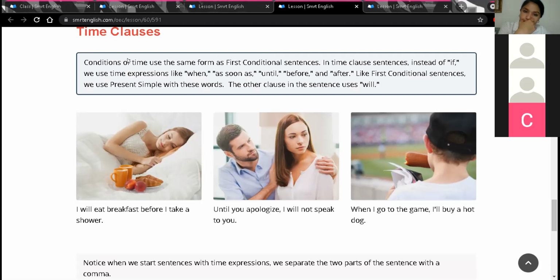The first is, if I finish my homework, I go to the party. It's saying something is gonna happen if I do some task. It's like an affirmation.